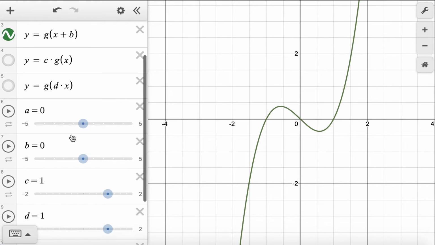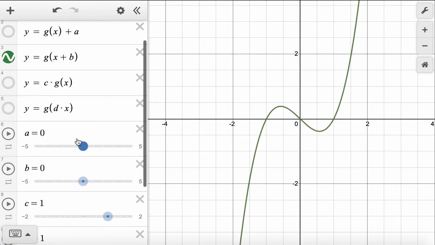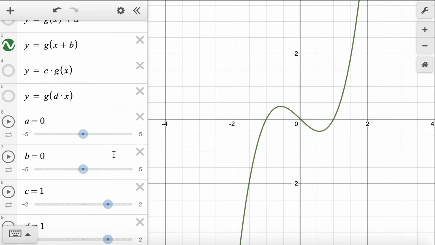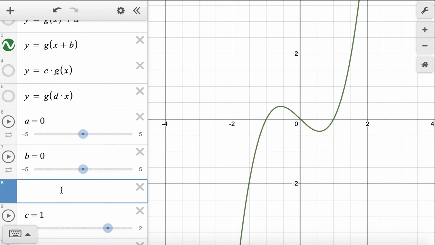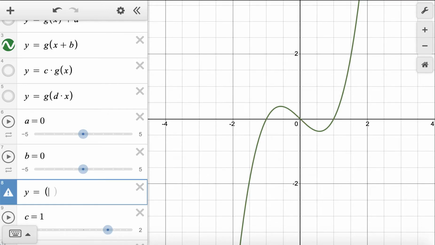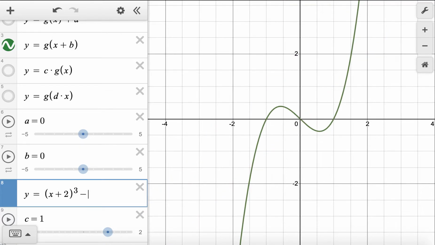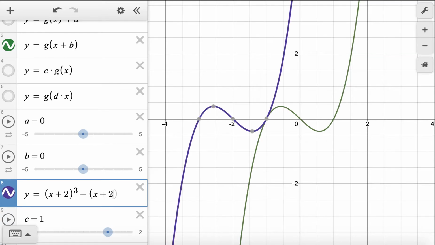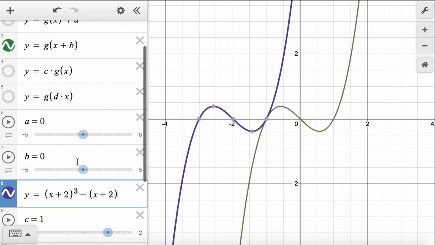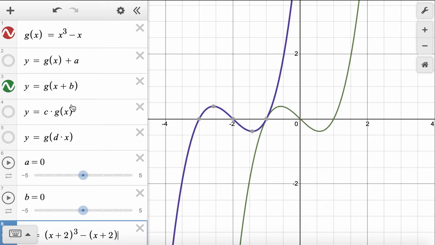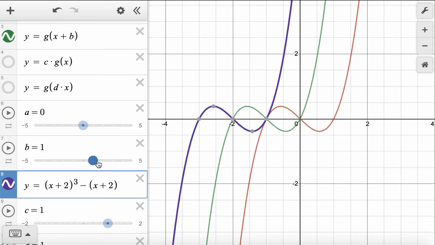So let me actually put my equation back in and do that again. So if I put y equals x plus 2 cubed minus x plus 2, that is this change with b equals 2.